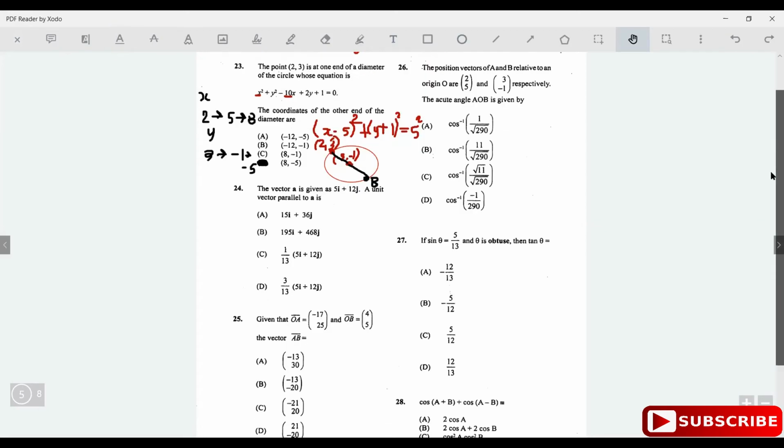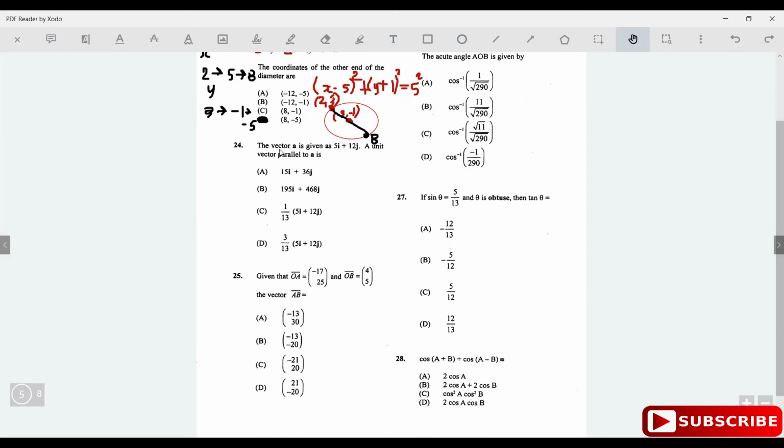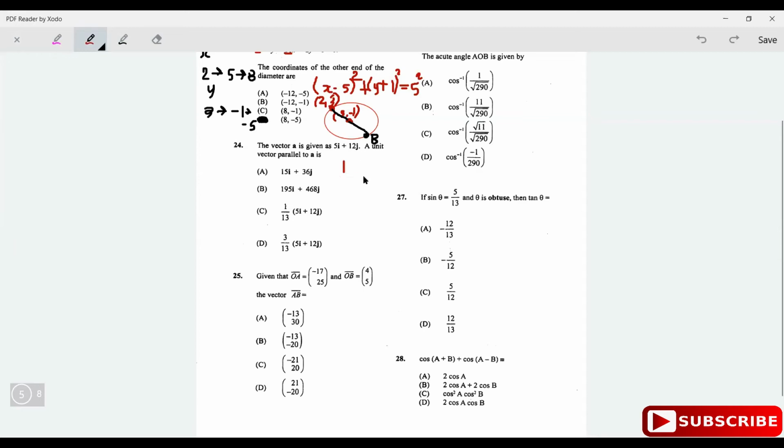Question 24. It says that the vector A is given as 5i plus 12j. What's a unit vector parallel to A? First thing, a unit vector, its magnitude is going to be 1 over the square root of 5 squared plus 12 squared.